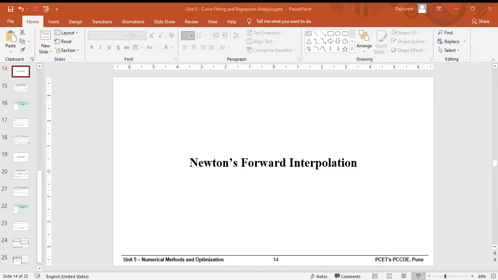A range is given: 30 40, 40 50, 50 60, 60 70, and 70 80. And the number of students for the given range is given. So there are 31 students who received marks between 30 and 40. Similarly, 40 students received marks between 40 and 50.